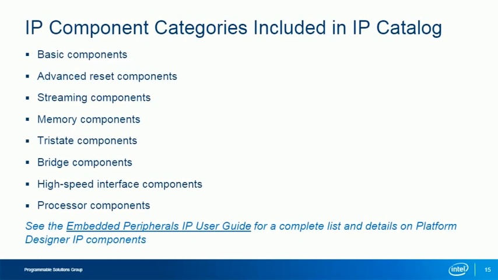Finally, the Processor Components category includes options for adding processors to your system, such as the Nios II soft processor and the ARM Cortex processors found in select FPGA variants. See the Embedded Peripherals IP User Guide, linked here, for a more complete list of available IP components.